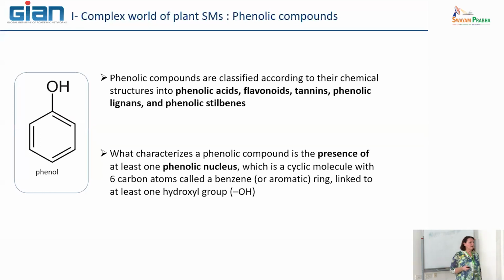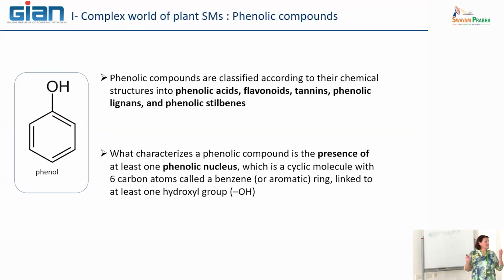You know, perhaps resveratrol. Resveratrol is one of the main stilbenes known, and it derives from this type of molecule. So what characterizes all the phenolic compounds is the presence of at least one, which means that you may have more, phenolic nucleus.